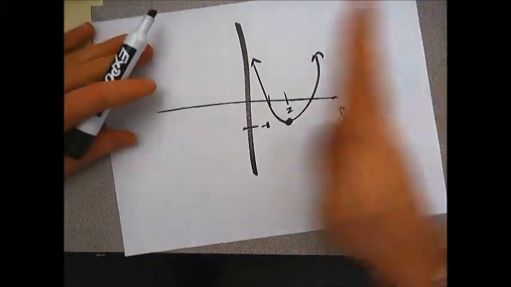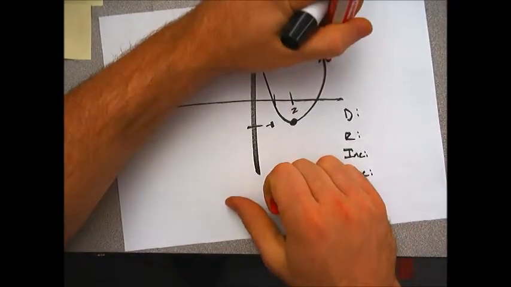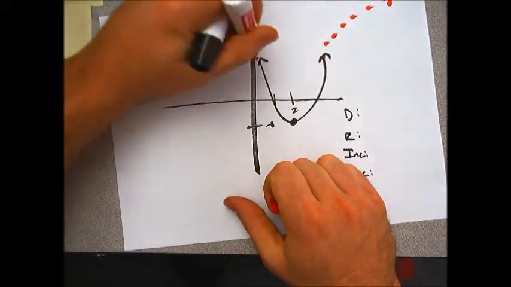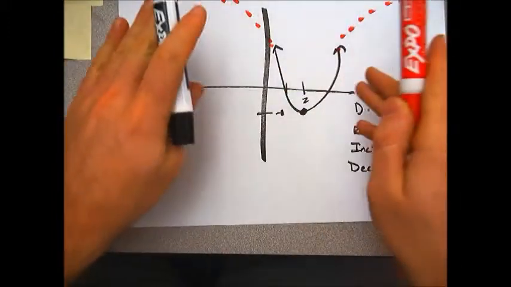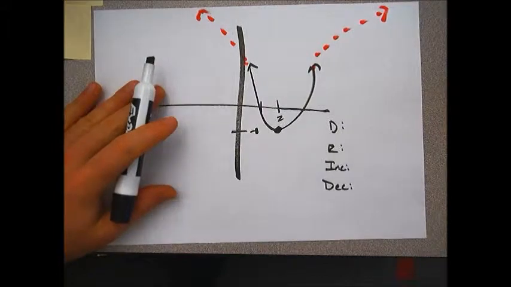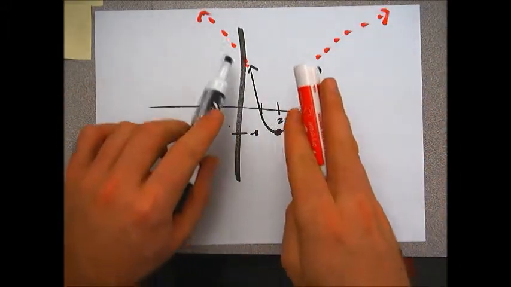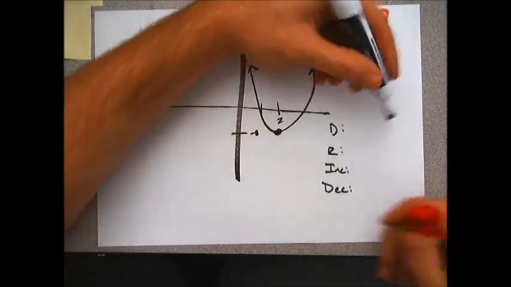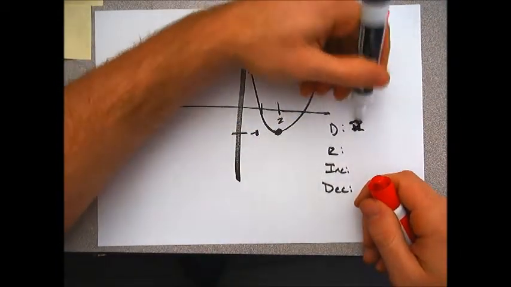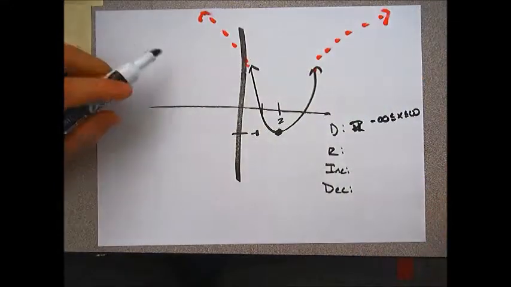The domain is the left and the right, as this graph would keep going. The domain is what happens to the left and right as this keeps going. As the x values keep going, this is just going to keep getting wider and wider. So as far as the domain is concerned, we would say all real numbers, or negative infinity to infinity.